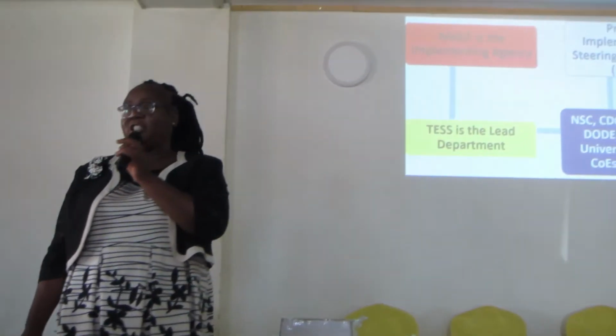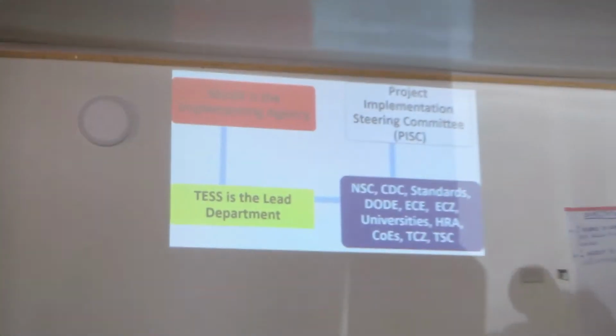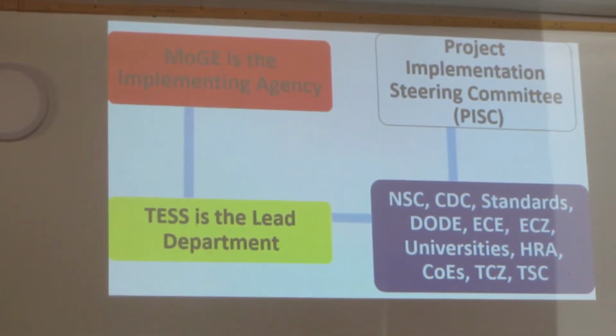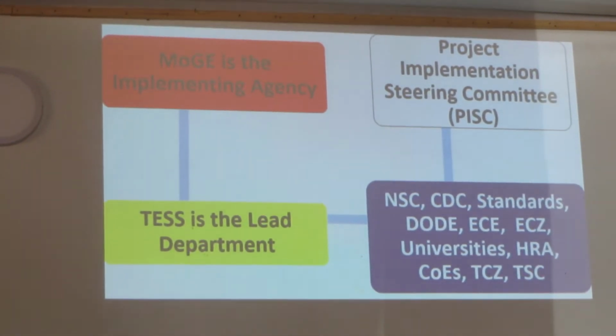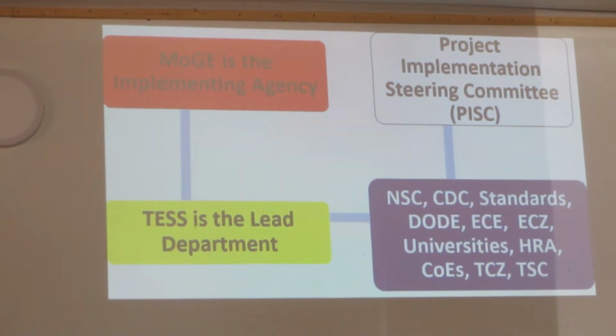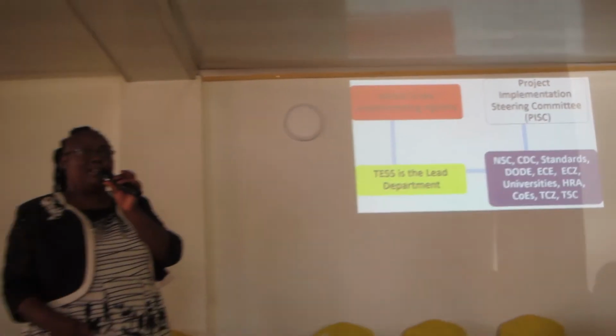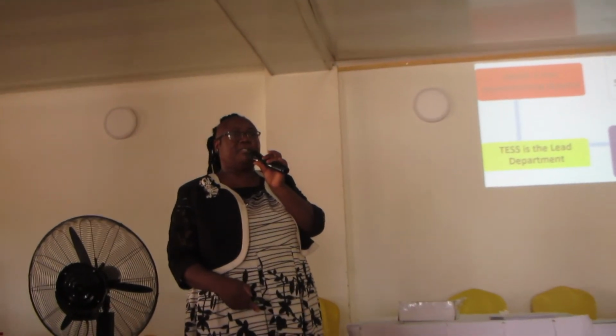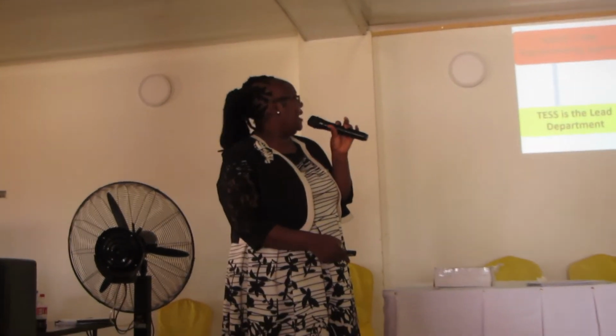But there is a committee called the Project Implementation Steering Committee, which oversees implementation of activities under this component, and they are headed by the Permanent Secretary. This committee has other members, including directors and POs and others.